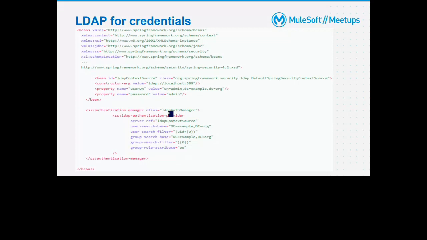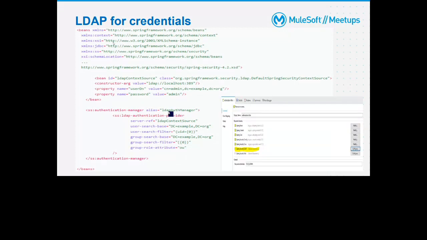Maybe you can move on to the next slide. So over here, if the customer wants to use LDAP credentials, they can use this kind of beans.xml configuration in the beans file. This code, no need to mug up, it's all available in the MuleSoft documentation. And on the right side, you can see we have an authorization filter, we have a Spring Security LDAP, which is highlighted.